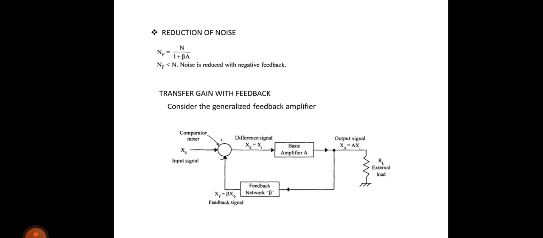It consists of the basic amplifier, the feedback network, and the comparator or mixer. Here the input signal is Xs, represented in general parameters. Xi is the difference signal, so Xi equals Xs minus Xf, because we are introducing negative feedback. Next, X0 equals A into Xi.